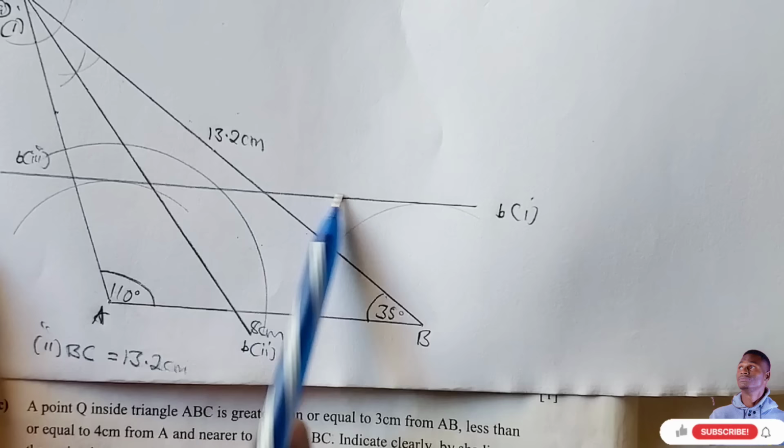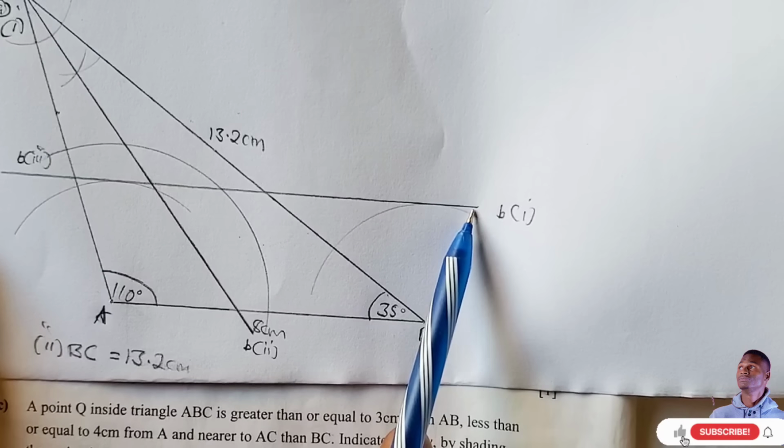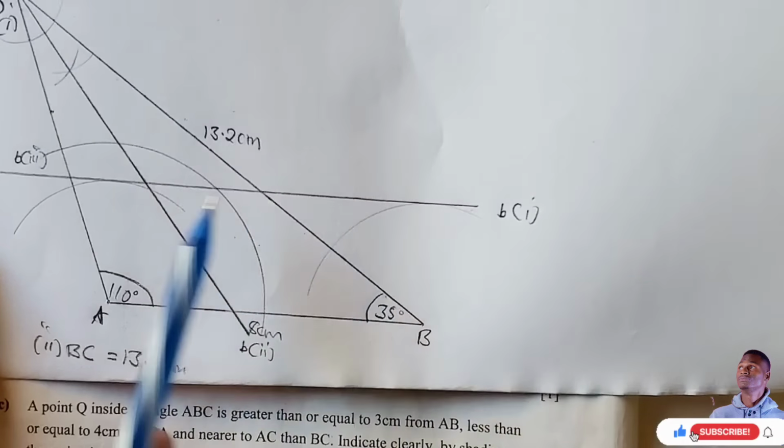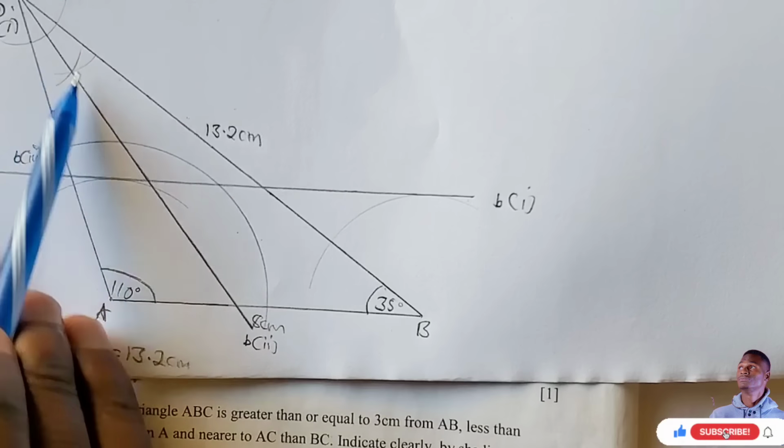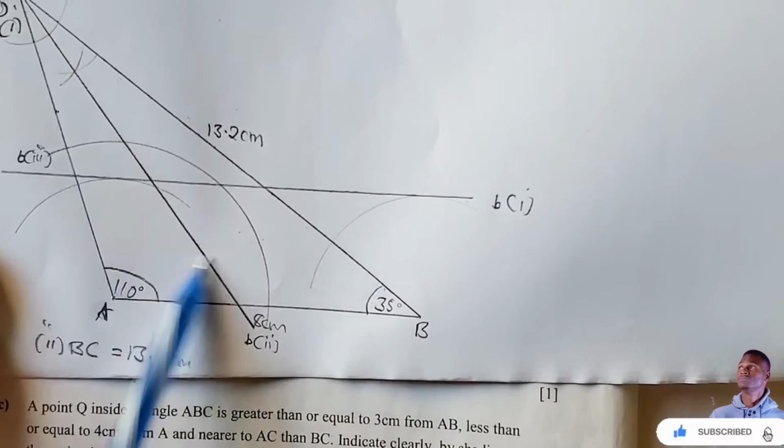You know that Q is on this line, and they're saying greater than or equal to, meaning above this line. Our answer shouldn't be less than this line here.